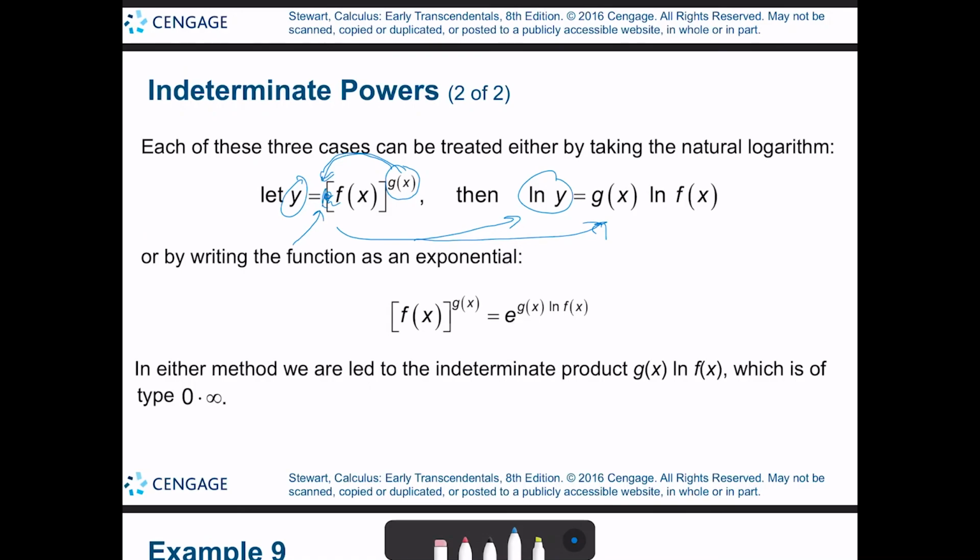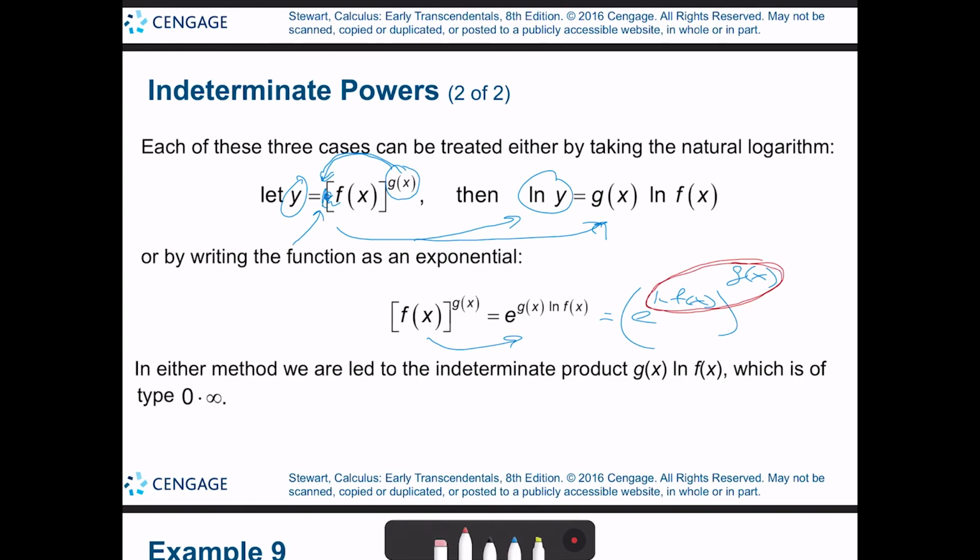Or we could write the function as an exponential. Really, does the left-hand side, f to the g, equal the right-hand side? How about e to the power of the natural log of f of x to the power of g of x? When you have a thing to a power, what can you do with these two powers or exponents?